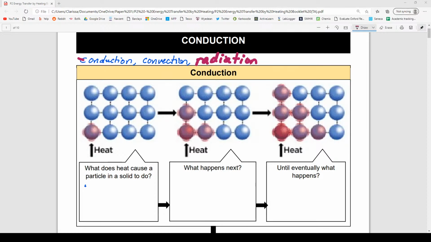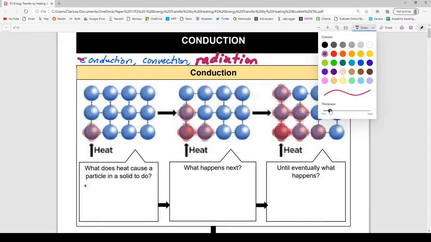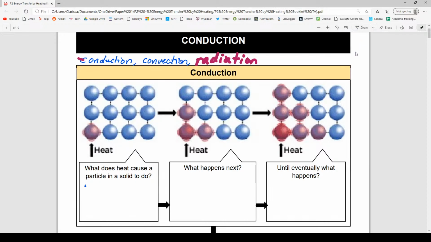So those are the main three ways that heat energy can be transferred. So the first one we're going to talk about is conduction, because there is a difference between these three ways that energy can be transferred. And it all depends on whether we're working with a solid, liquid, gas, or none of the above. So when we talk about conduction, we're specifically talking about solid materials. So anything that is solid would conduct heat.